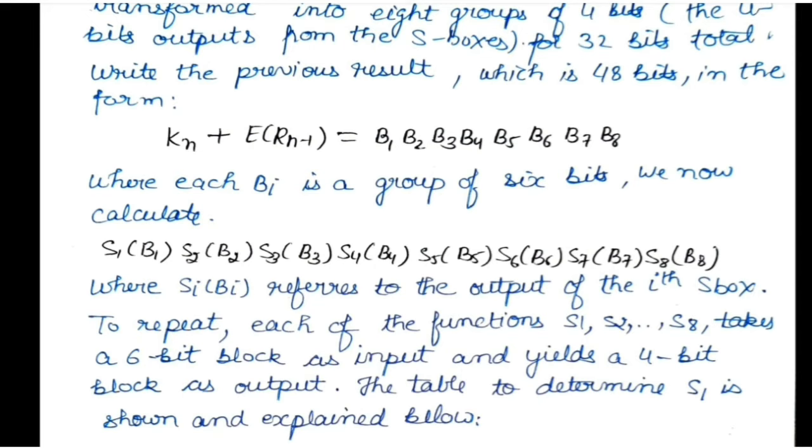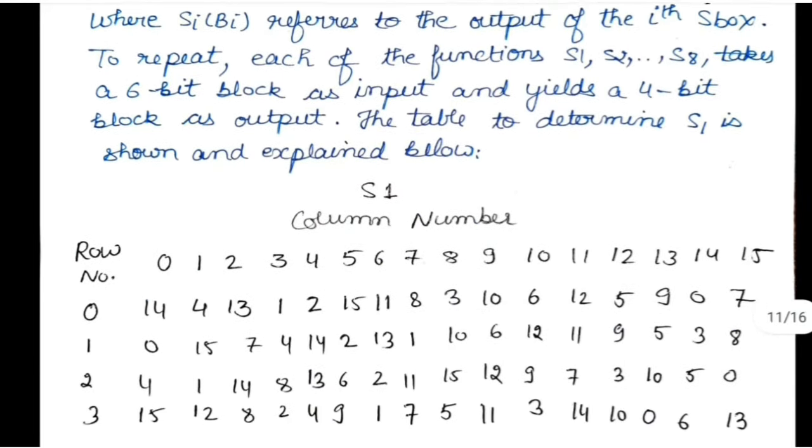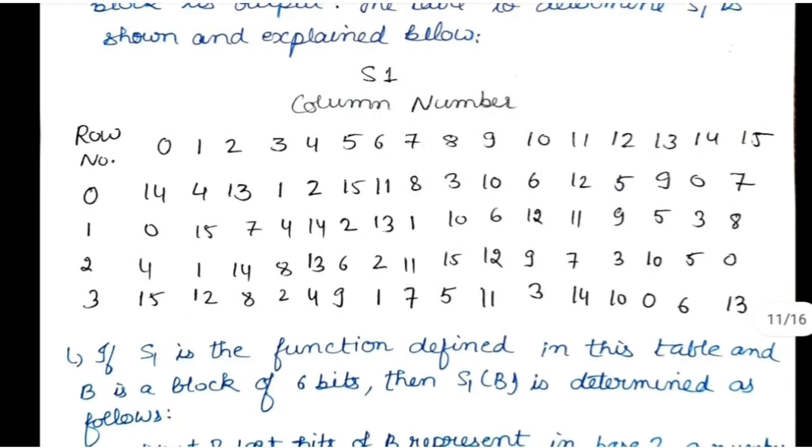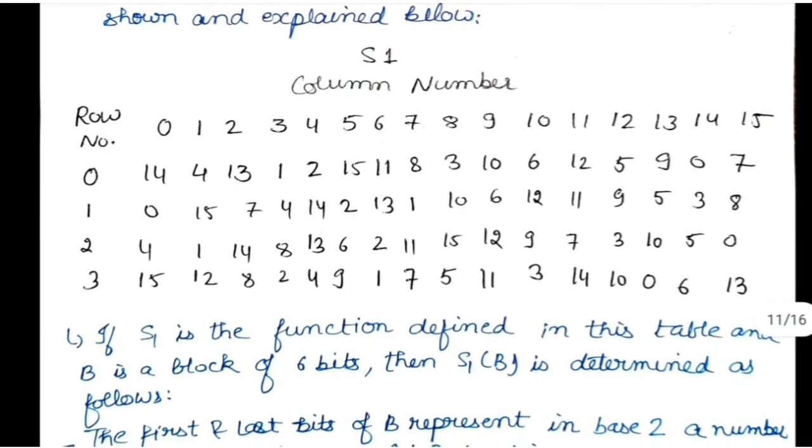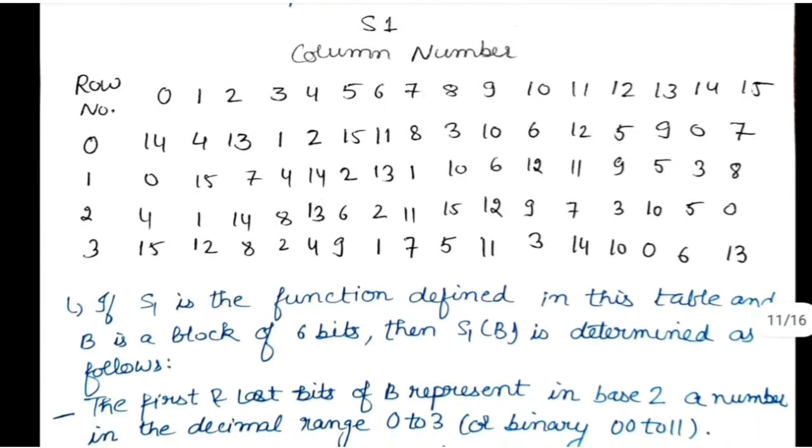To repeat, each of the functions S1 to S8 takes a 6-bit block as input, and it is explained here how we will calculate S1. To calculate S1, you can see that I have numbered the rows from 0 to 3, that are 4 rows, and the columns from 0 to 15, that are 16 columns.